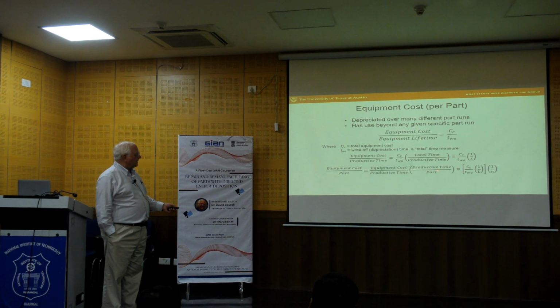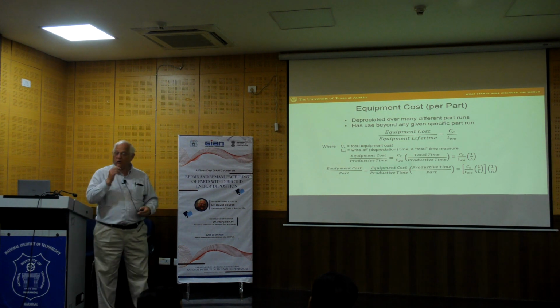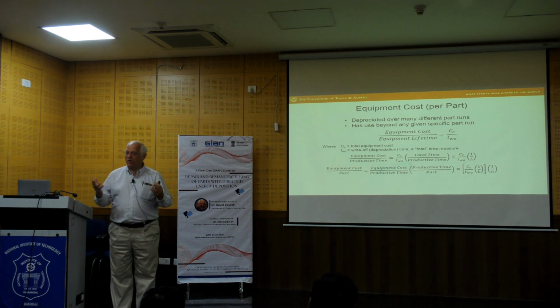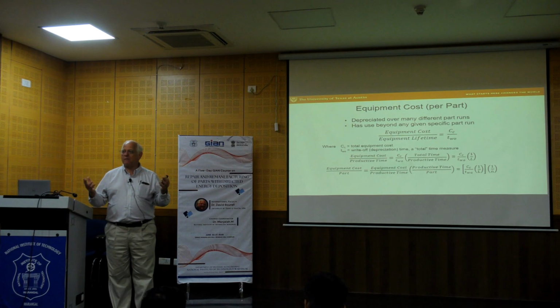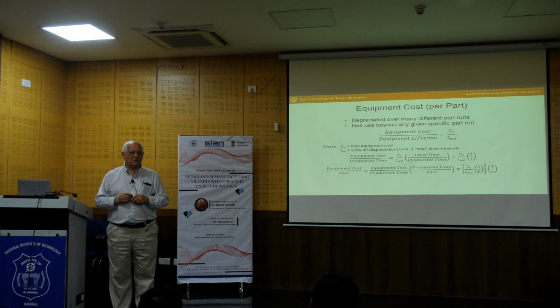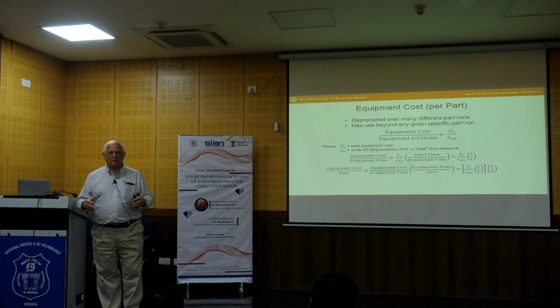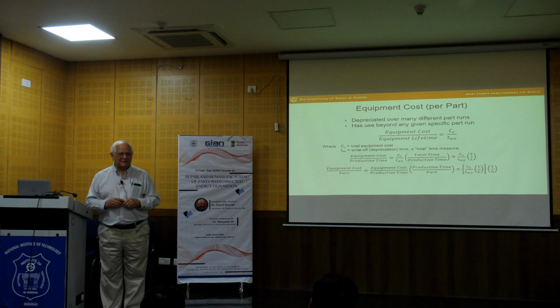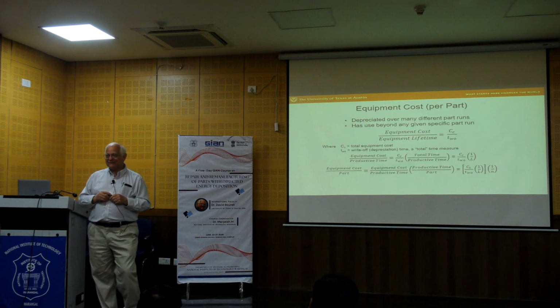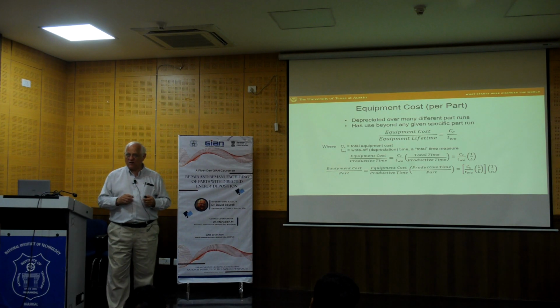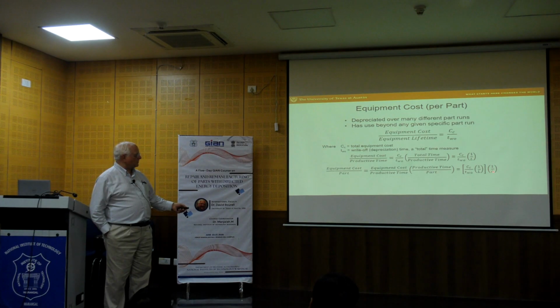As a matter of fact, this is actually 1 over N dot, where N dot is the production rate. A very common term in manufacturing is how many parts per hour do we produce. Or in the case of additive manufacturing, maybe it's how many parts per week can we produce, right? Because additive tends to be fairly slow and has fairly low production rates.